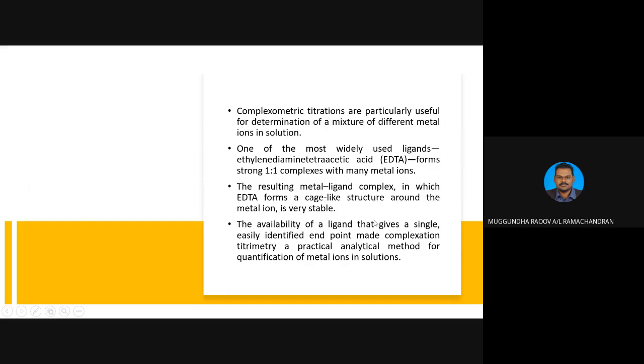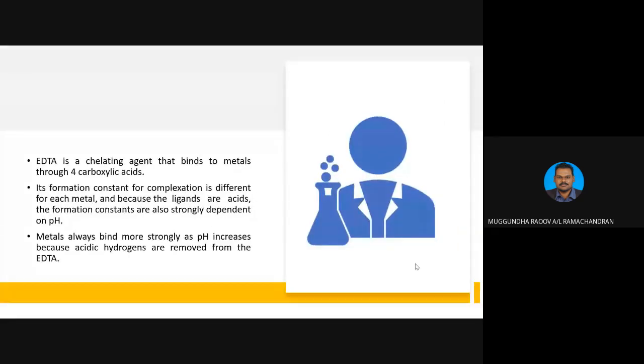Okay, so the availability of the ligand that gives a single and easily identified endpoint made complexometric titration a practical analytical method for the quantification of metal ions in solution. So class, basically EDTA is a chelating agent that binds to metals through 4 carboxylic acid groups. You can check the structure of EDTA.